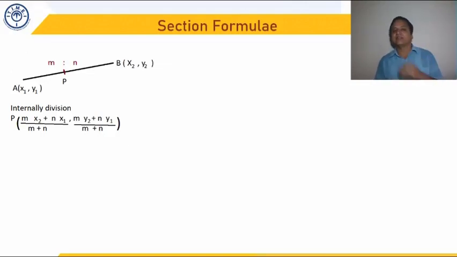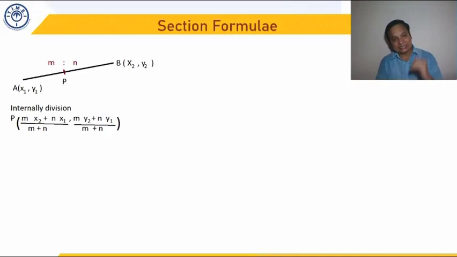How do you find the coordinate of P? It's (m into x2 plus n into x1) upon (m plus n), the x coordinate of P. Similarly for the y coordinate, (m into y2 plus n into y1) upon (m plus n). So we can find the coordinate of P if the ratio is given and the two points' coordinates are given.